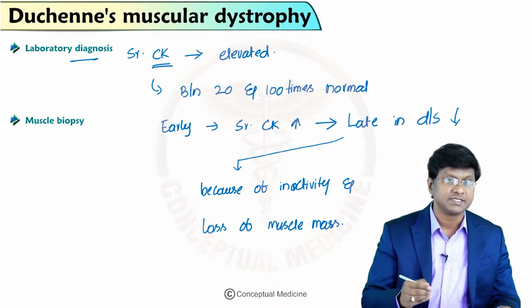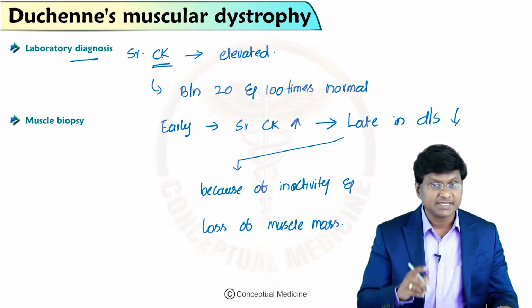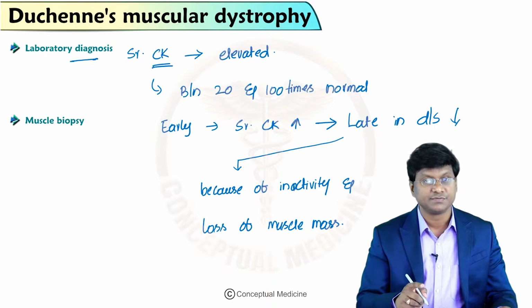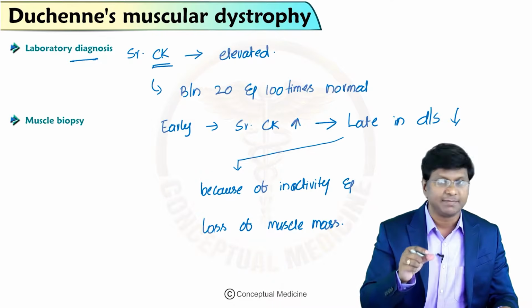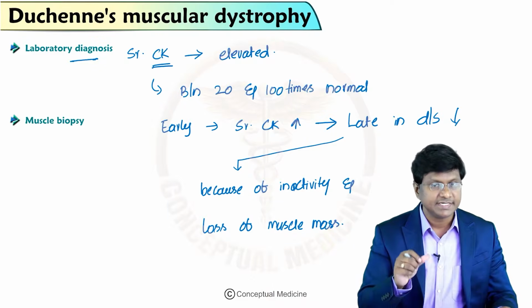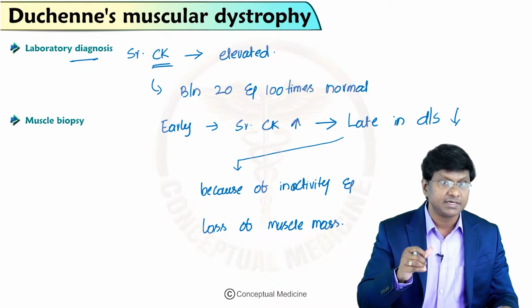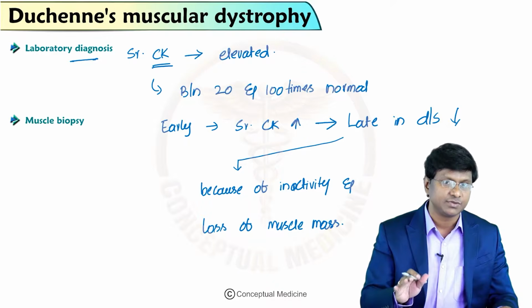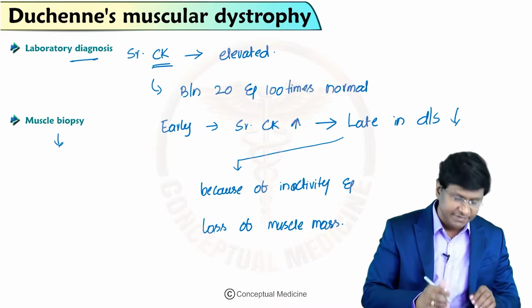And if you do a muscle biopsy, what does the muscle biopsy show? The muscle biopsy in these patients will show degeneration of the muscle membrane. The muscle biopsy will be the definitive diagnosis.